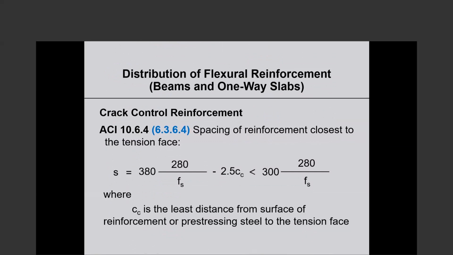Okay. So we talked about maximum reinforcement. Epsilon sub t shall not be any less than 0.004. We talked about minimum reinforcement so that a reinforced concrete beam will not fail like a plain concrete beam. Now we are talking about crack control reinforcement. This is also required in ACI 318. Crack control in ACI 318 now for several editions.